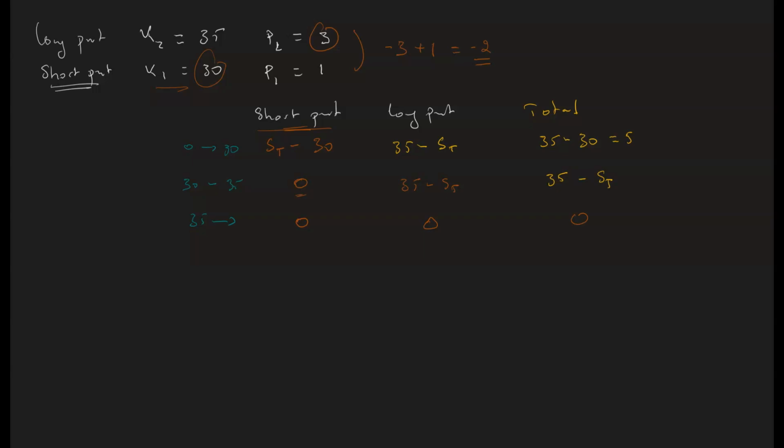Overall, we're going to subtract $2 from this payoff. So we're going to have a profit of $3. Here we're going to subtract $2: that's 35 minus $2 minus ST, and 35 minus 2 is 33, so 33 minus stock price. And here we're going to subtract $2, so we're going to have minus $2.